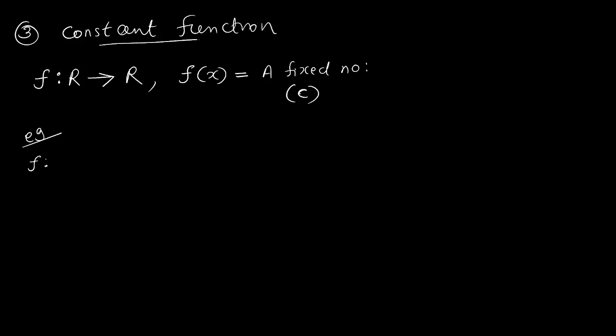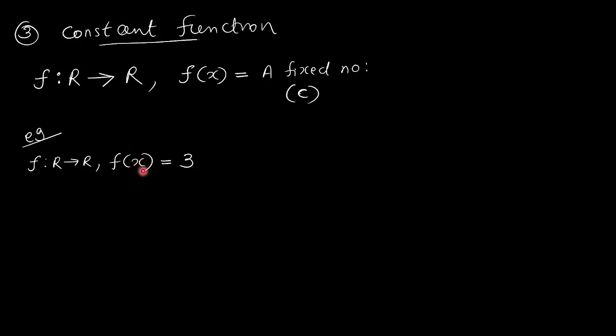For example, f from real number to real number, f of x equal to a constant, say for example, 3. It is an example for a constant function. Or f of x equal to 9 is another constant function. Constant function means the image of x is always 3, whatever be the value of x.